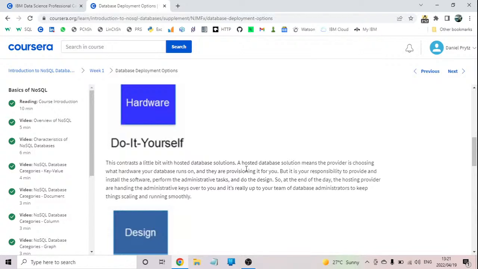So hosted removes no hardware. You're in charge of software and DBA issues. So it's like there's something we didn't understand, right?